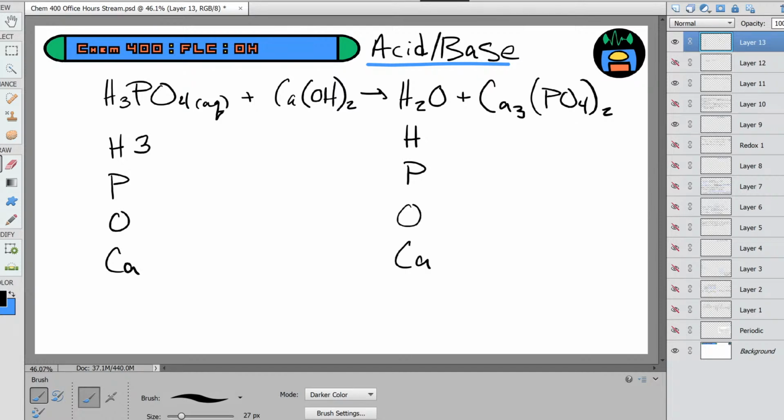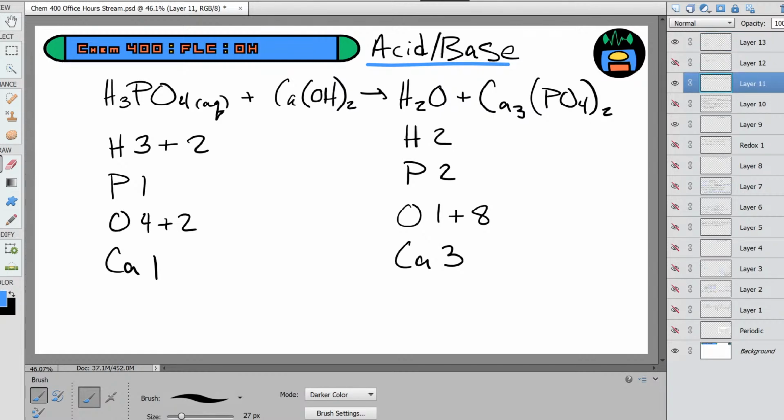We have 3 hydrogen from phosphoric acid, plus 2 from calcium hydroxide, 1 phosphorus, 4 oxygen from phosphoric acid, plus 2 from calcium hydroxide, and 1 calcium. Then on the product side, 3 calcium, 1 plus 8 oxygen, 2 phosphorus, and 2 hydrogen.